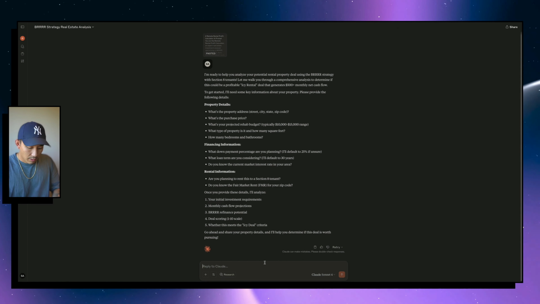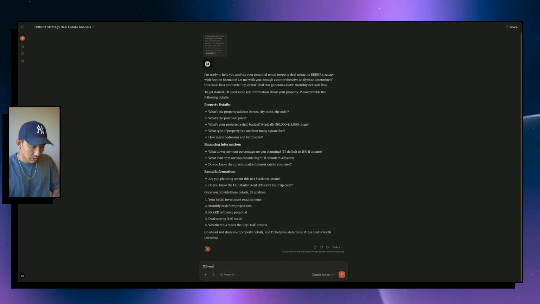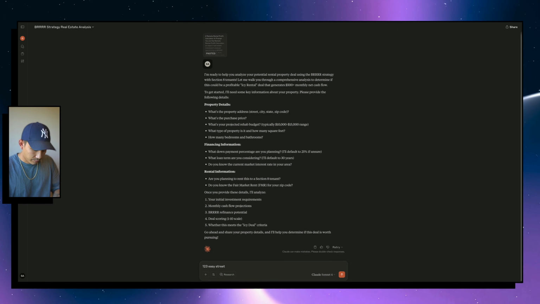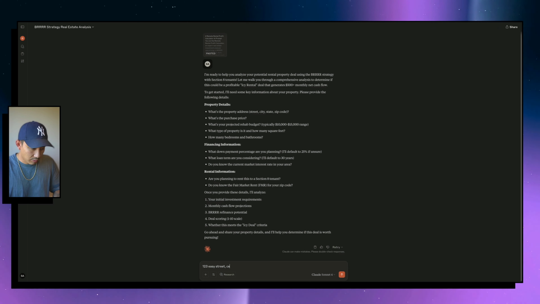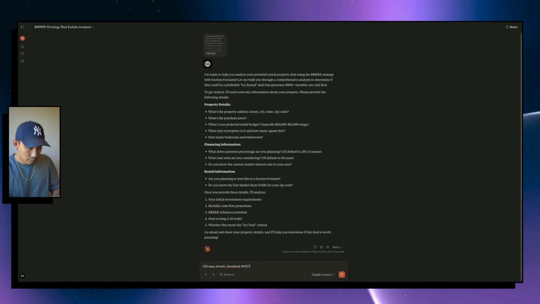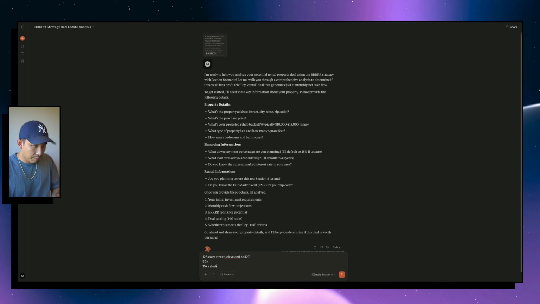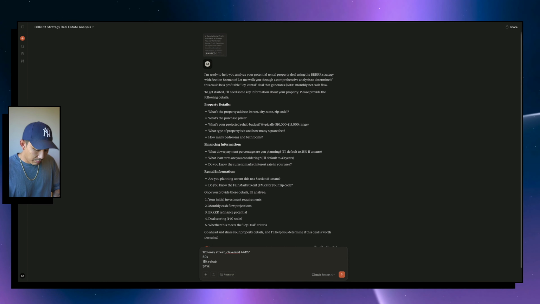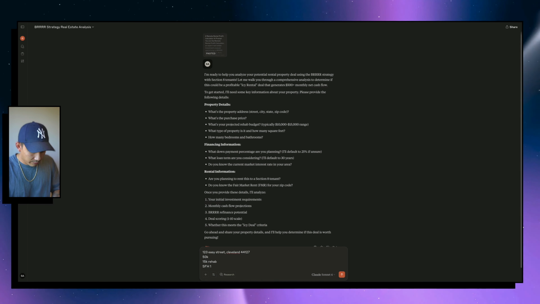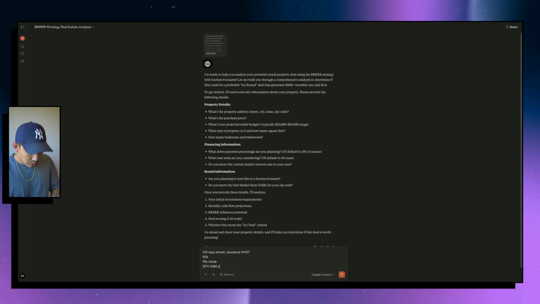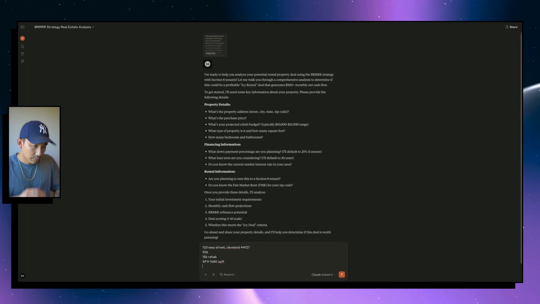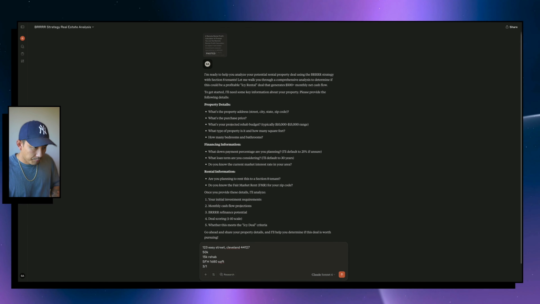So I would say 123 Easy Street. One of my zip codes is... purchase price of, let's just say $50K. We're buying a beater house. Let's just say it's a $15K rehab. Single family home. I just bought one there for 1680 square feet. 3-1.